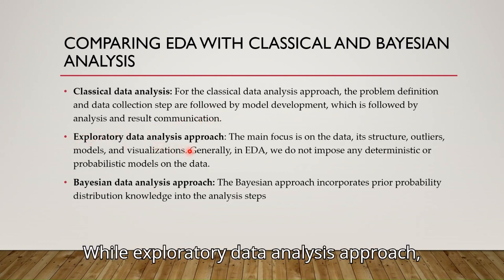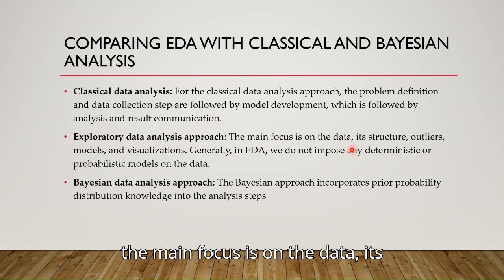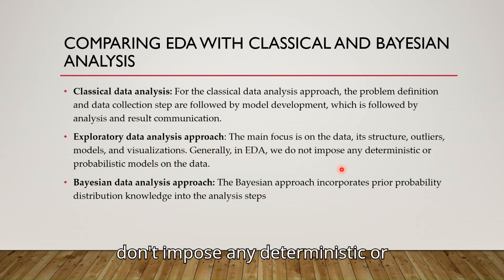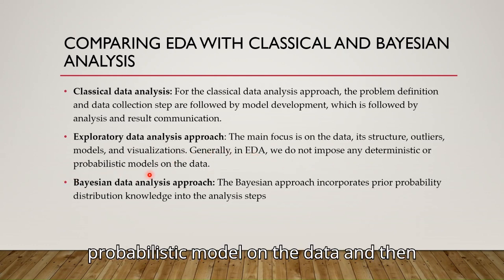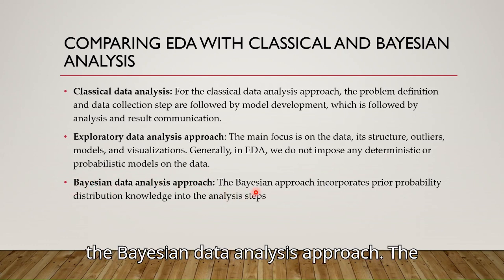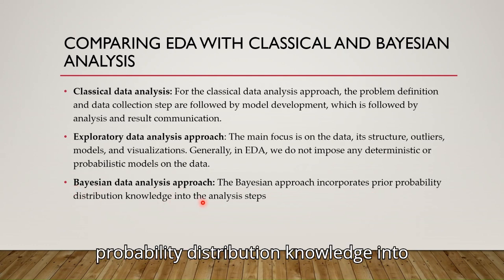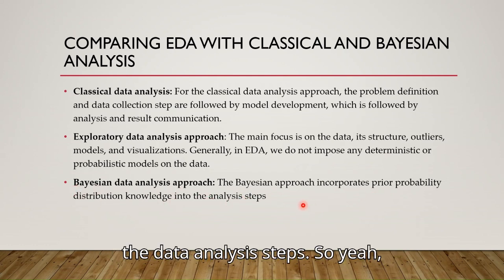While in the exploratory data analysis approach, the main focus is on the data, its structure, outliers, models, and visualizations. Generally, in EDA, we don't impose any deterministic or probabilistic model on the data. And in the Bayesian data analysis approach, the Bayesian approach incorporates prior probability distribution knowledge into the data analysis steps.